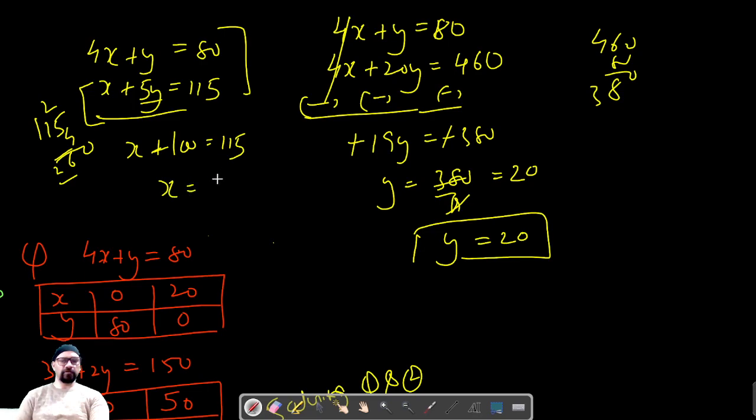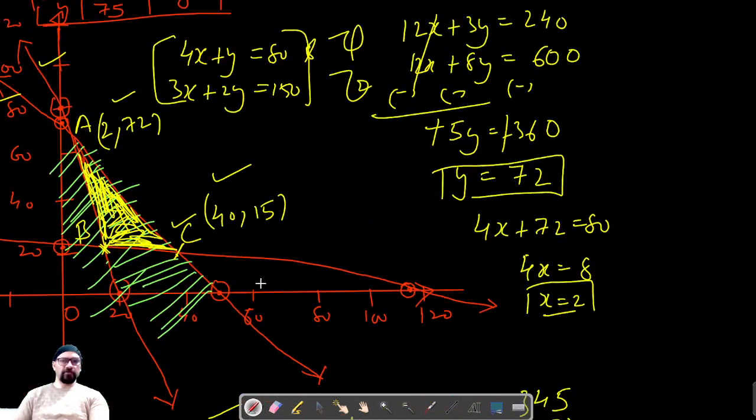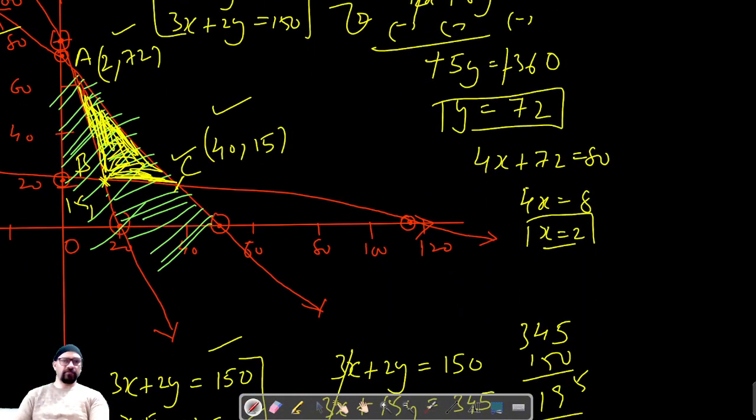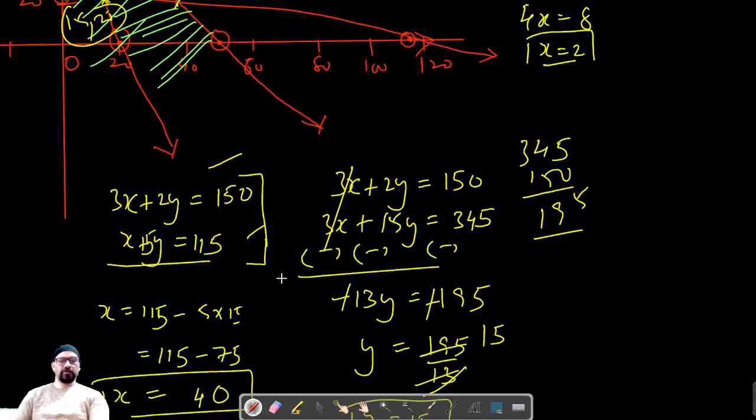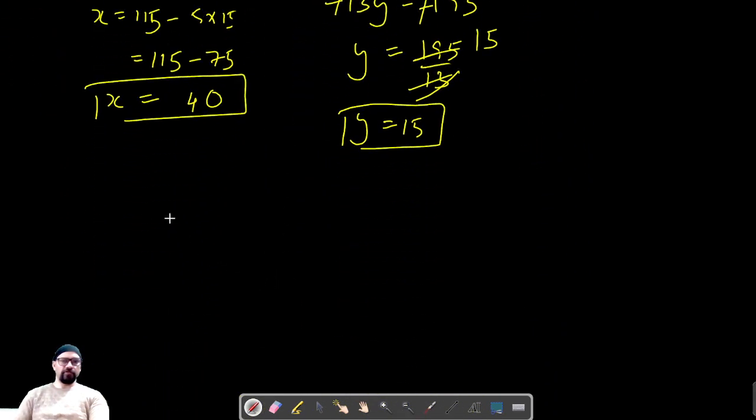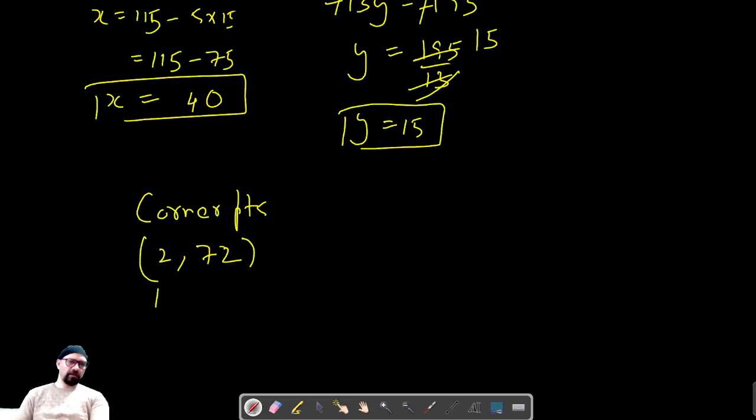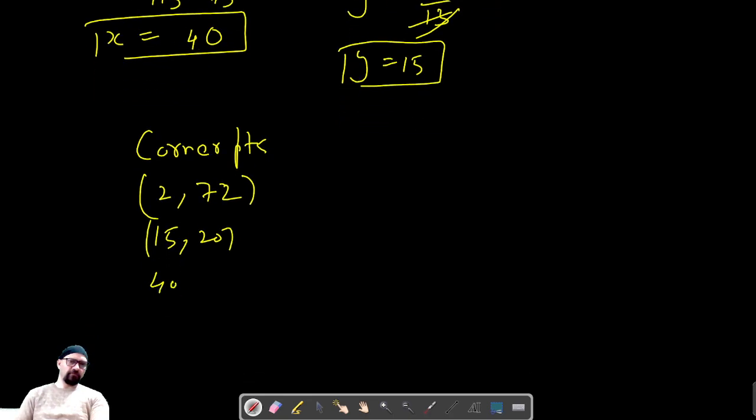So x is equal to 115 minus 100, which is 15. Okay, so this is 15 comma 20. So our corner points are 2, 7/2 and 15, 20 and 40, 15.